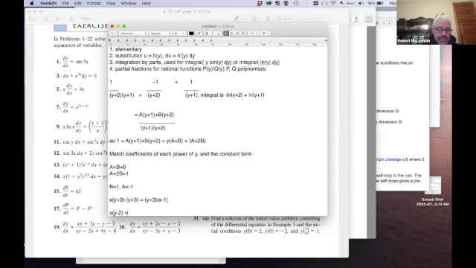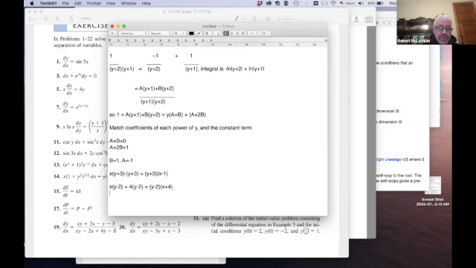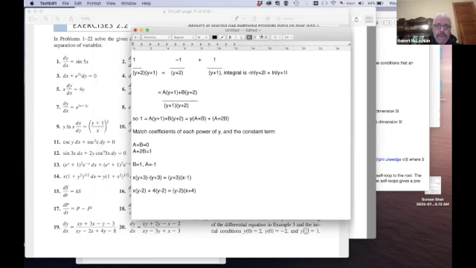And then I've got 4y minus 8, which is 4 times y minus 2. So both the numerator and the denominator factor into a function of x times a function of y. So you would be able to separate that one.